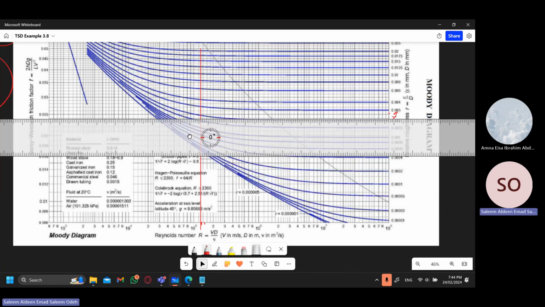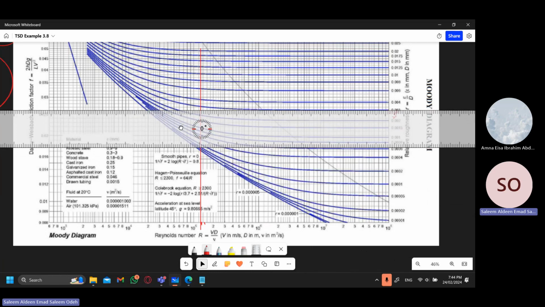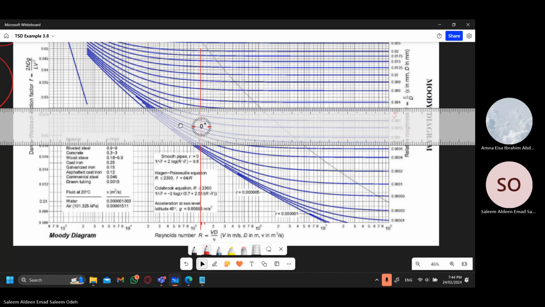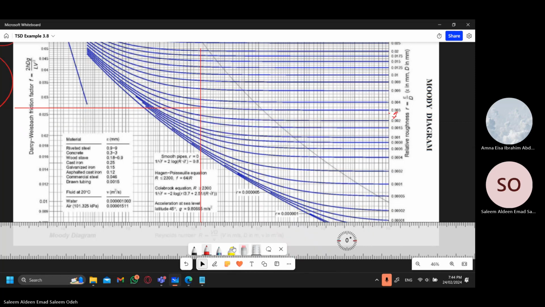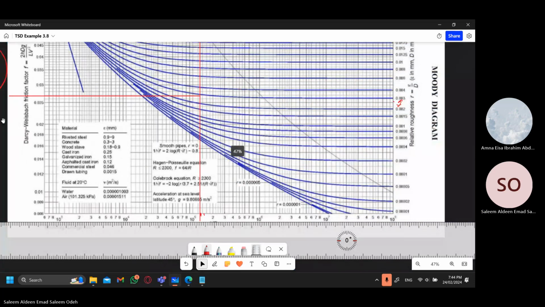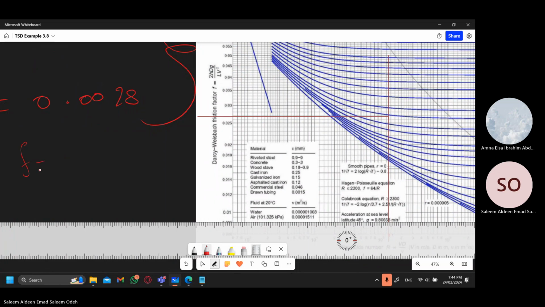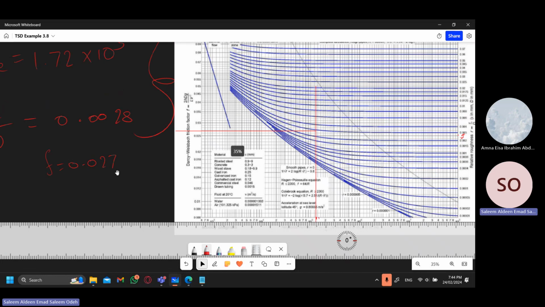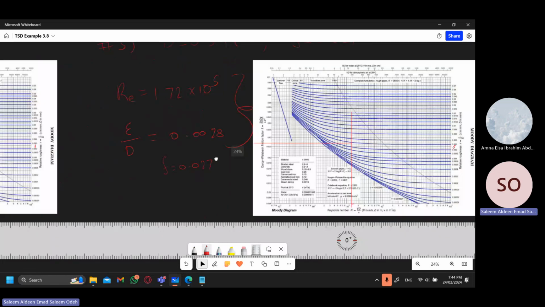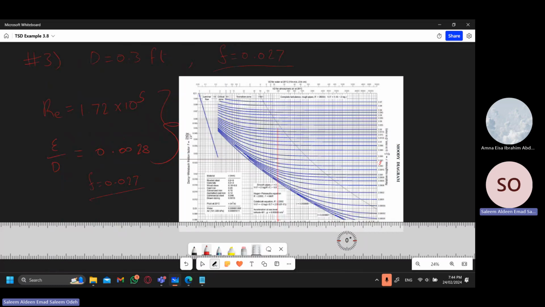Just as I said earlier, you don't have to be exactly correct. So let's say it's around here. We got a value of 0.027, which is also the exact same value as the friction factor which we calculated.